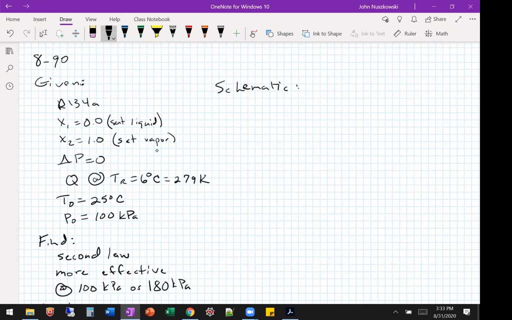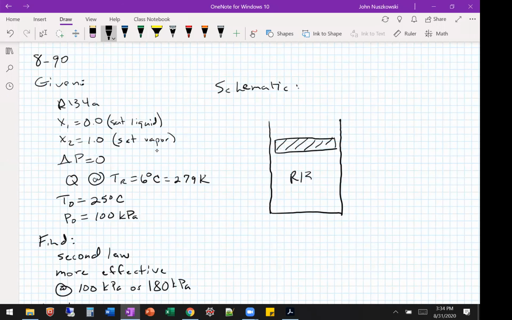All right, so our schematic. We have R134A inside here.